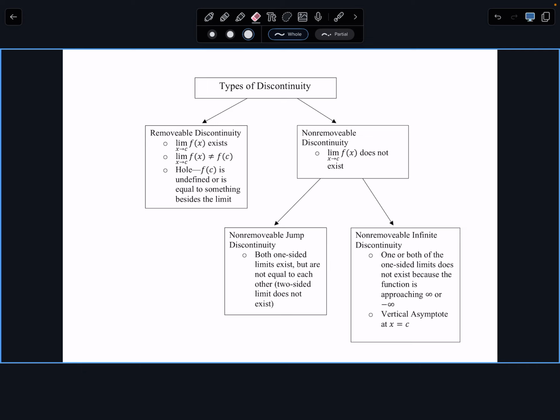But you guys have learned about vertical asymptotes already. It's when that's true that we say there's asymptotic behavior, a vertical asymptote at whatever x equals c is. Are we okay with that?